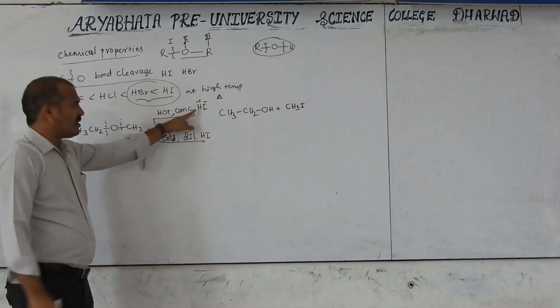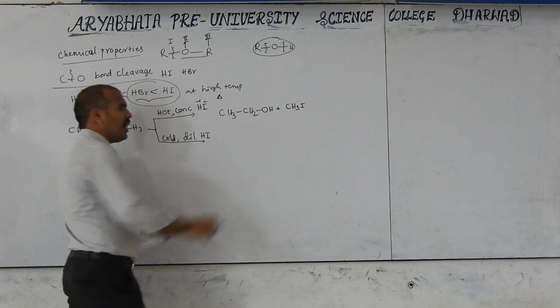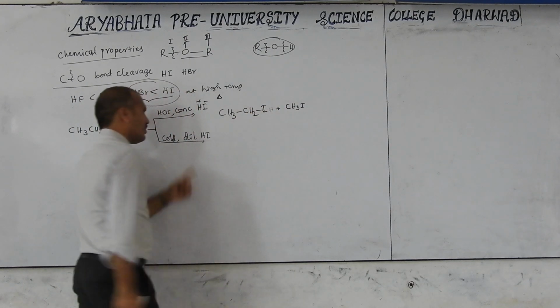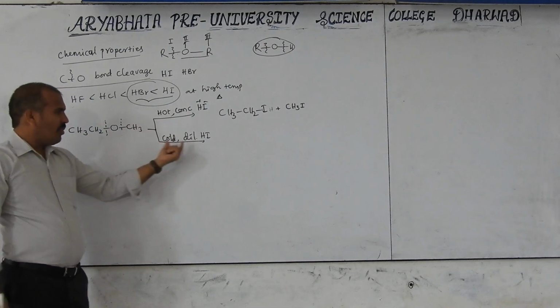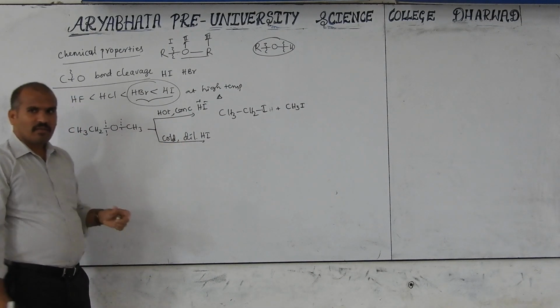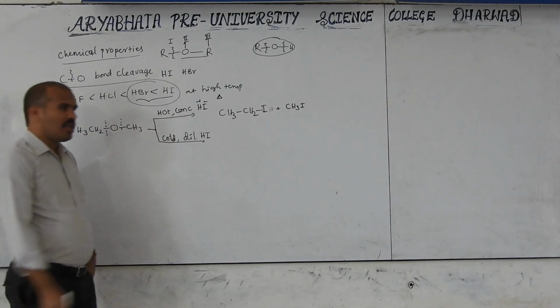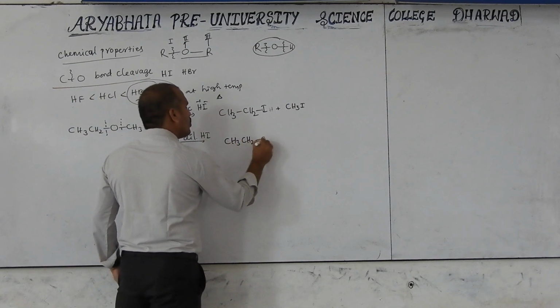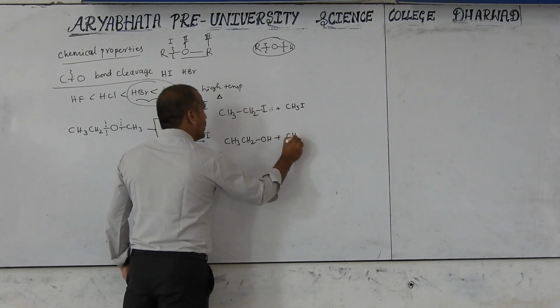But if excess is there, this again reacts and gets the I due to excess concentration. When limited or dilute is there, this condition is applicable: that is CH3CH2OH and CH3I.